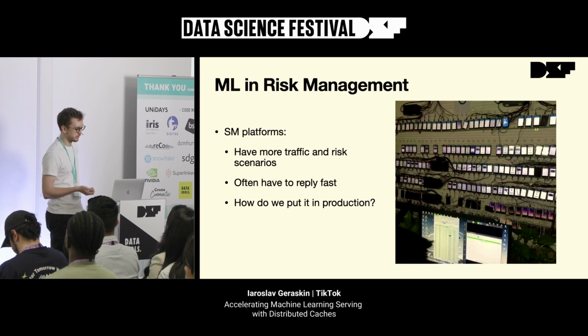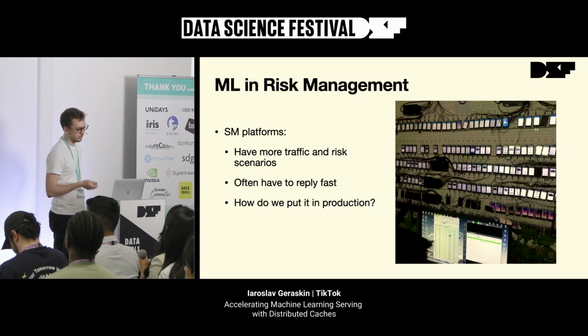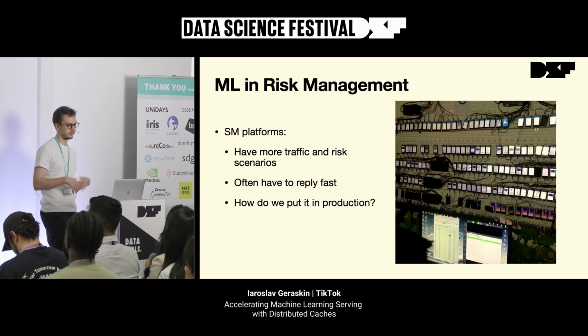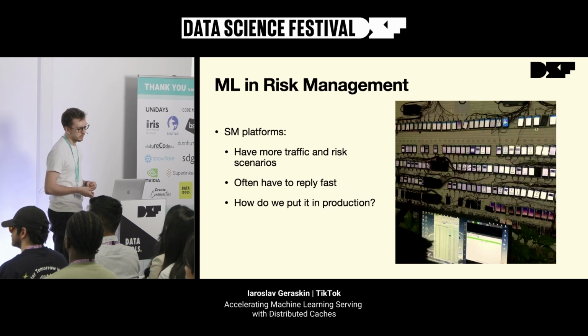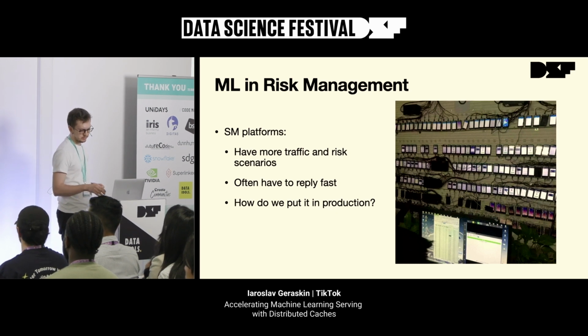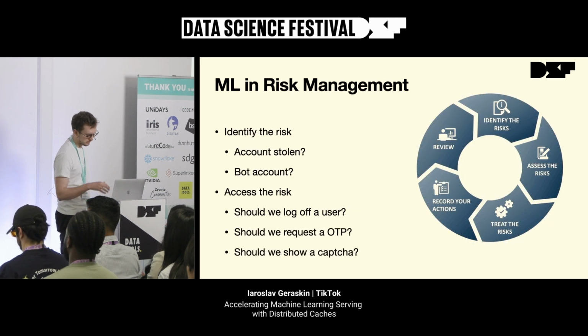Whereas when you use a social media platform, you are going to be really frustrated if every action you take takes a lot of time to load the next page and verify that your action is legit and your account is legit. So how do we put it in production? That's the question. How do we put the same kinds of models in production for social media?